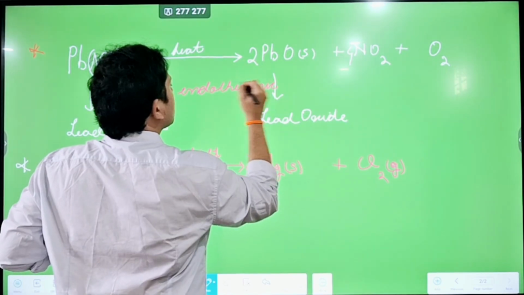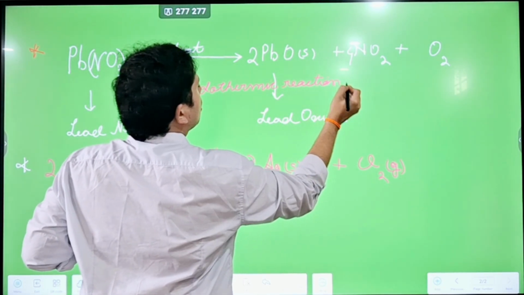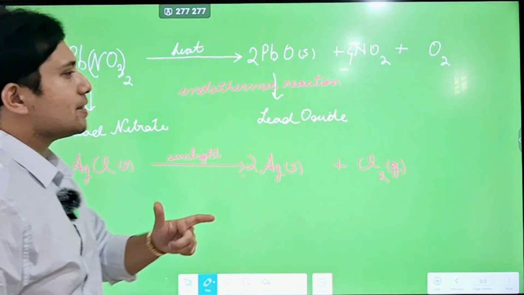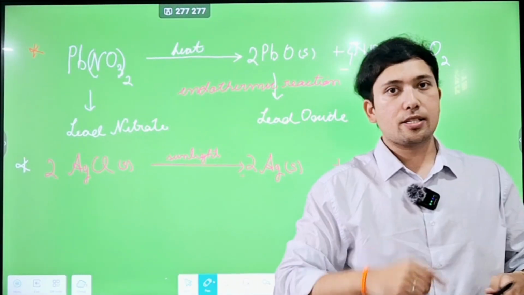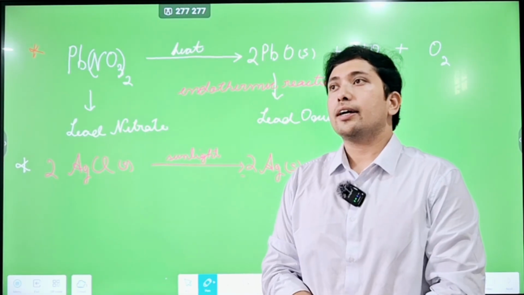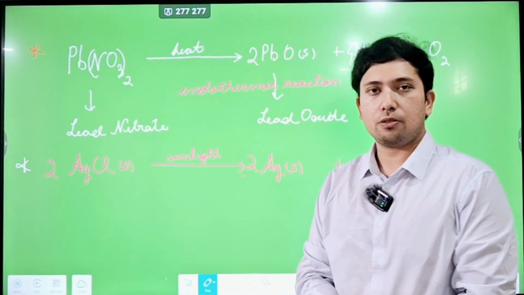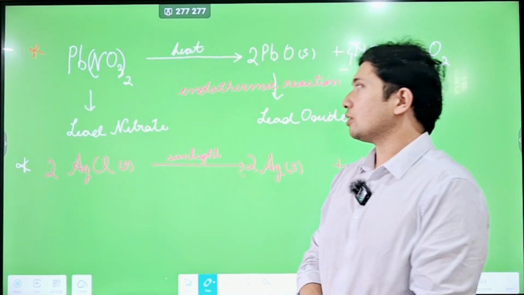So if you are asked what an endothermic reaction is, you will say a type of chemical reaction in which heat is absorbed is called an endothermic reaction. That is the proper definition for an endothermic reaction.